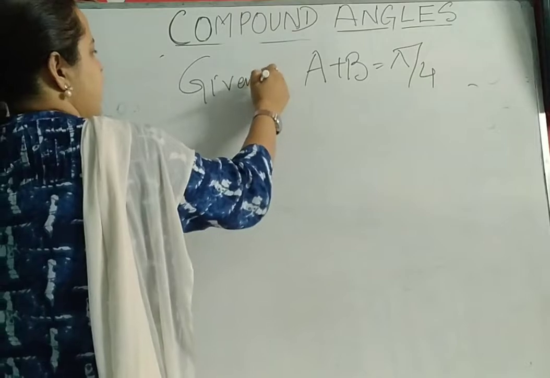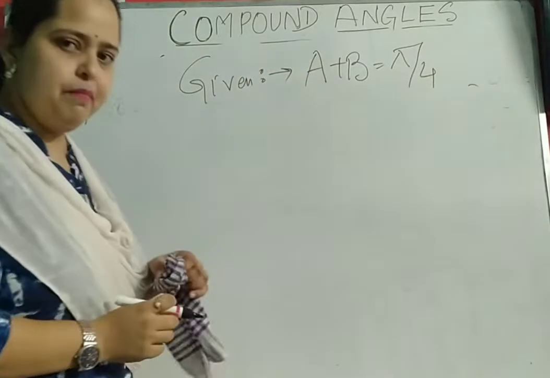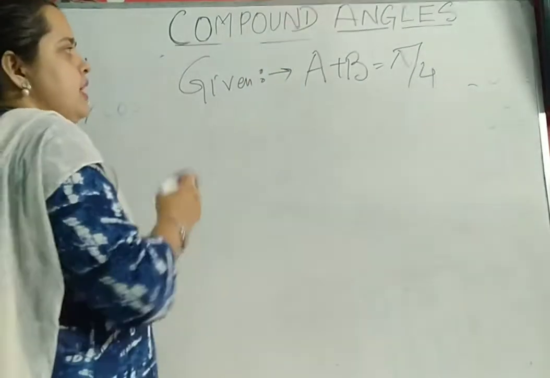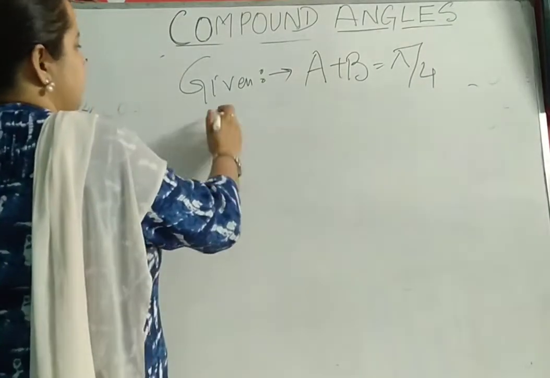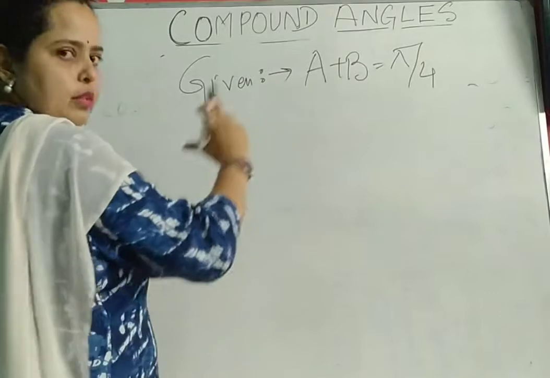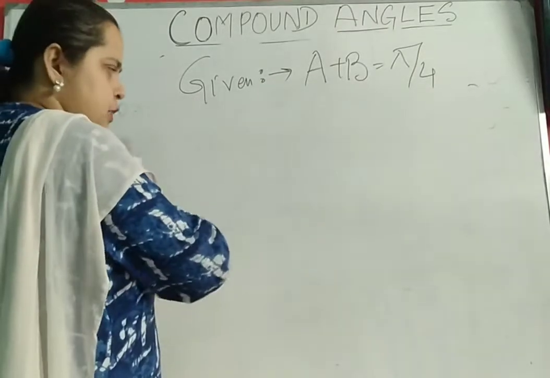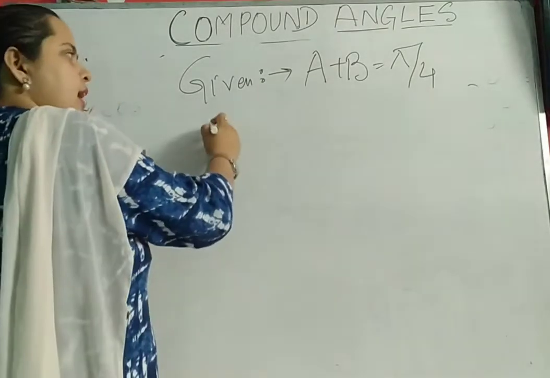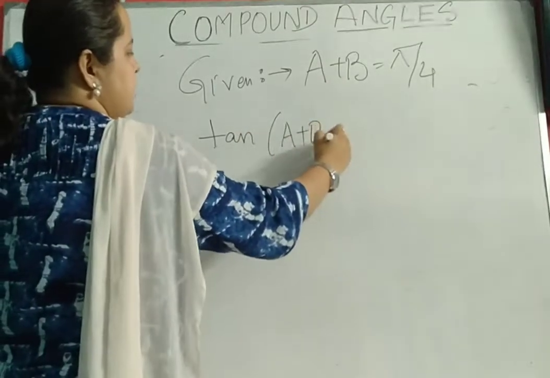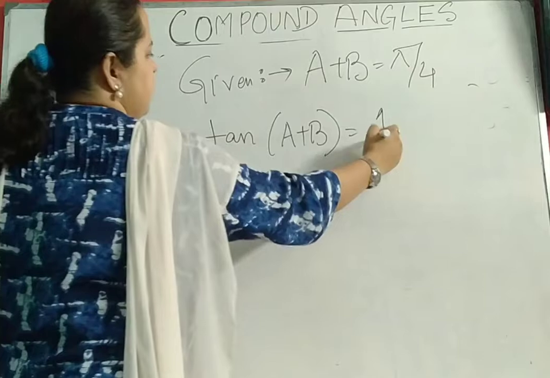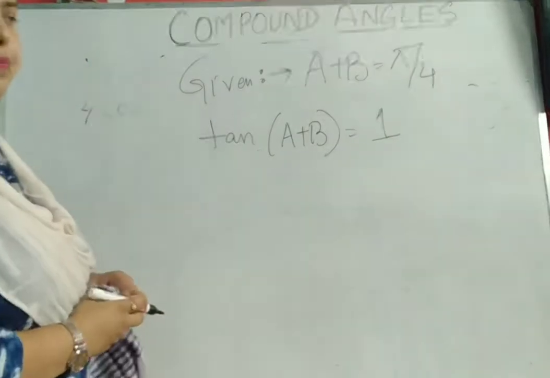So given is a plus b as pi by 4. Let us take tan on both the sides. Since the expression is in tan, a quick idea comes. Let's take tan on both the sides. So tan 45 is 1. This is known to all of us.